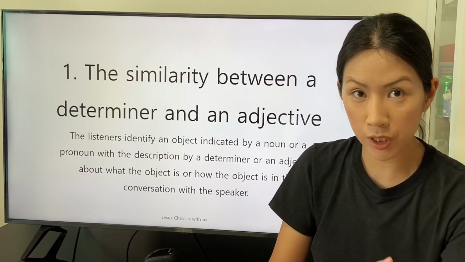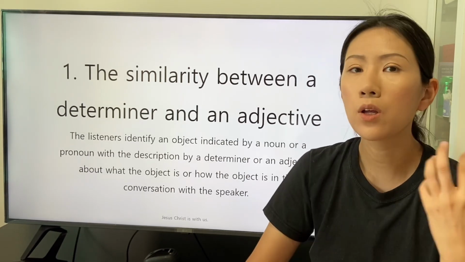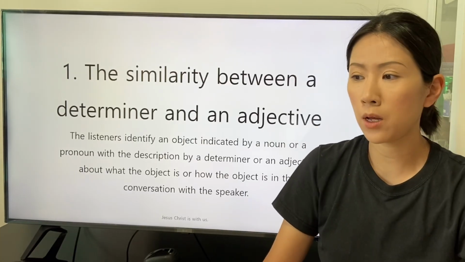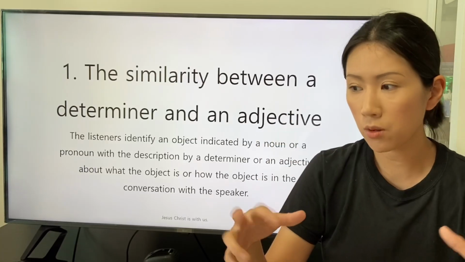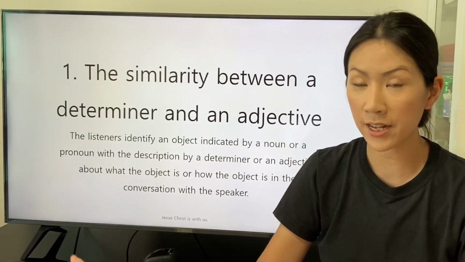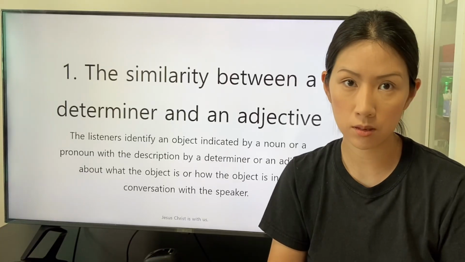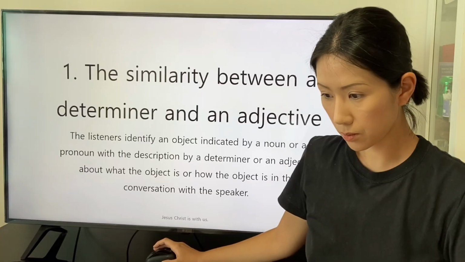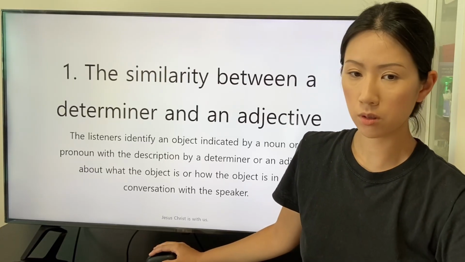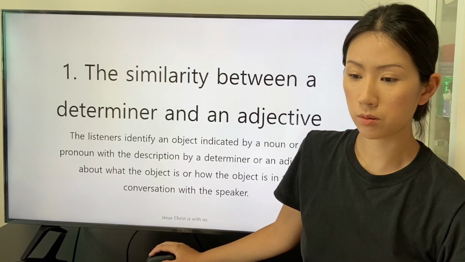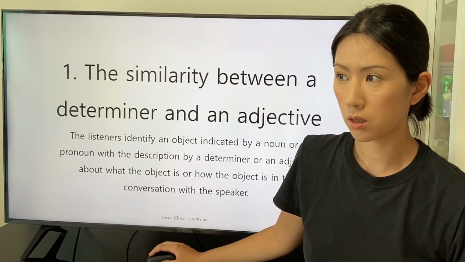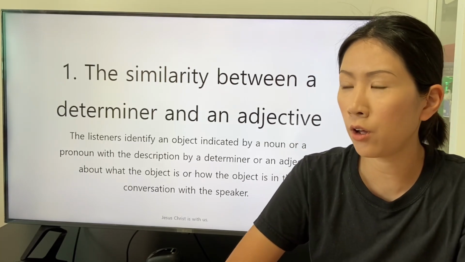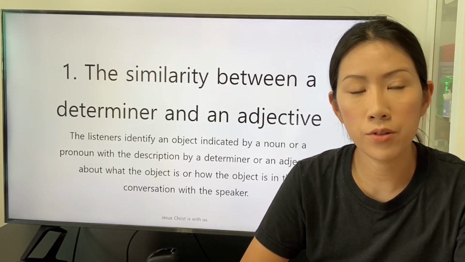From this description of the adjective, we can have a conversation about a subject or an object without the tangible existences. Because the description by a determiner or an adjective makes the speaker and the listeners think of the same subject or object during the conversation.